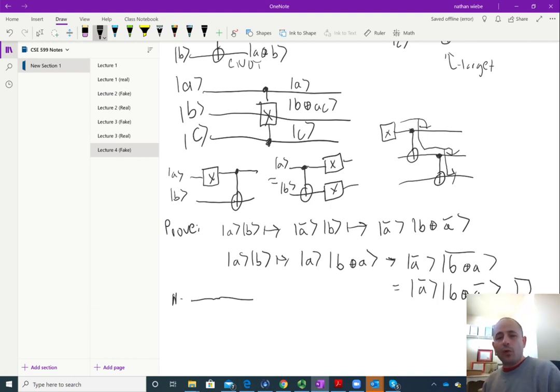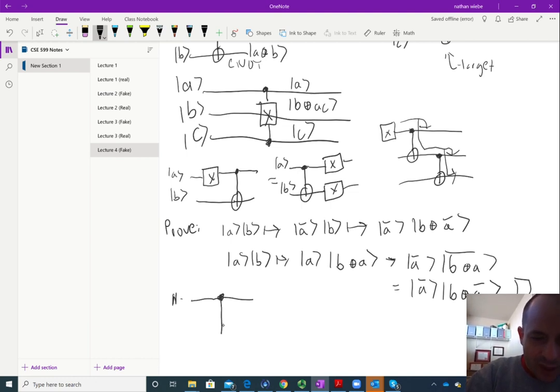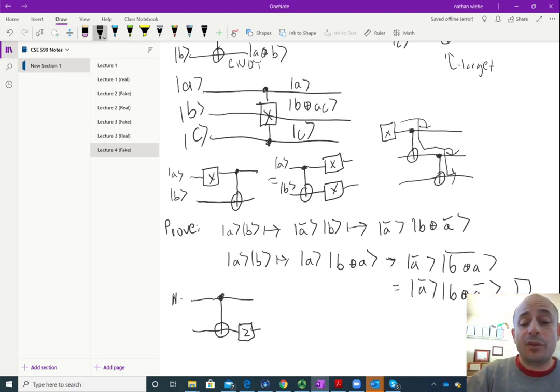It kind of ripples forward through the circuit. Now, interestingly enough, Z gates have the opposite rule. The Z gate actually back propagates through the system.